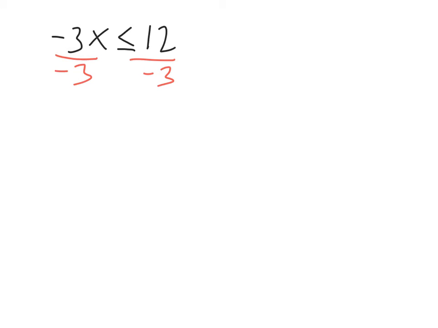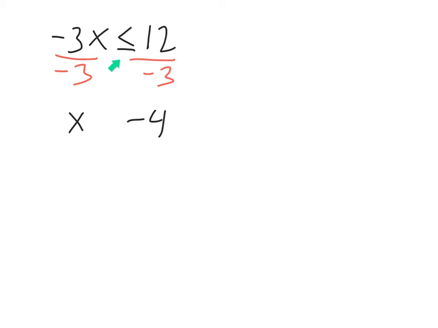There's one issue with this, and this is the main thing from this lesson that you should remember. If you multiply or divide both sides of the equation by a negative number, then it will switch the inequality sign. So the negative 3's cancel to leave just x, and 12 divided by negative 3 is negative 4.